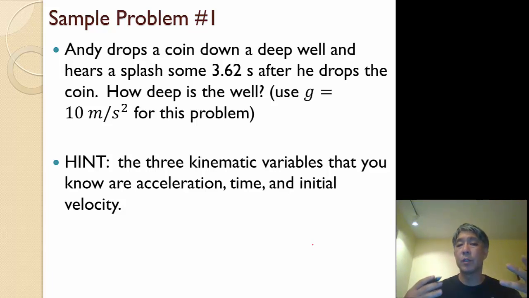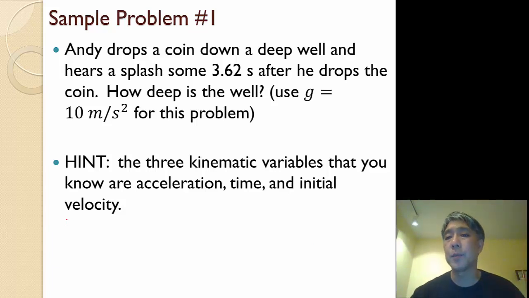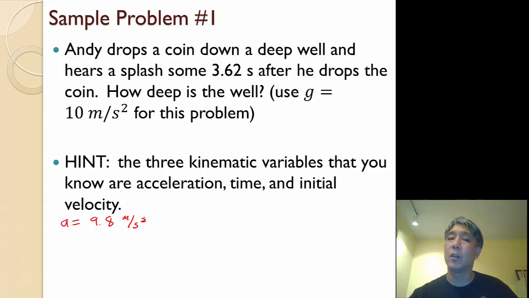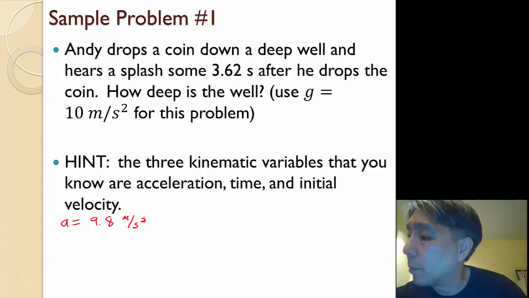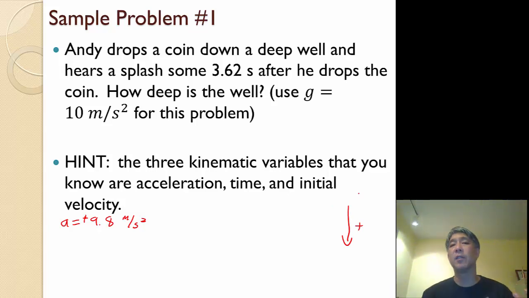Hopefully you were able to solve this problem on your own. It's not that complicated. Let's look at the variables that we have. He drops it, so this is a free fall problem, so I have acceleration of 9.8 meters per second squared. I haven't assigned a sign to it yet. Actually, I'm going to assign a positive sign to that because I'm going to define positive to be down, because that's the direction of the initial velocity of the coin.